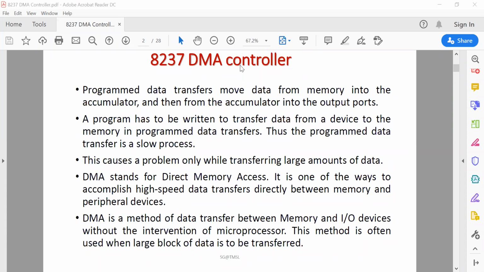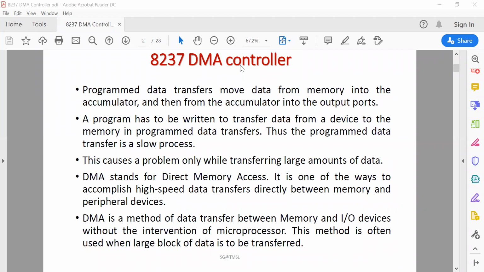So using that DMA controller, we can easily implement the DMA data transfer, and the microprocessor must be disabled during that transfer. Now, to start the DMA process, the microprocessor loads the address register in the DMA controller with the data file starting address, and the terminal count register with the total number of bytes to be transferred.